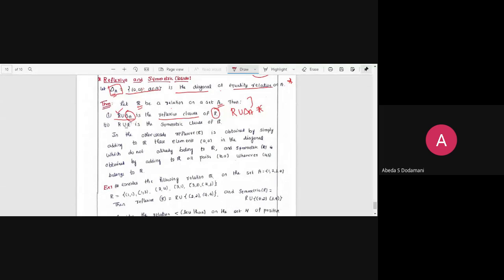Similarly, R union R inverse. You know that inverse means, suppose your R contains (1, 2), then your R inverse will automatically contain (2, 1). So it always contains a related to b, then b related to a. Therefore, it will become symmetric. Hence, by including this inverse, we make it the symmetric closure.